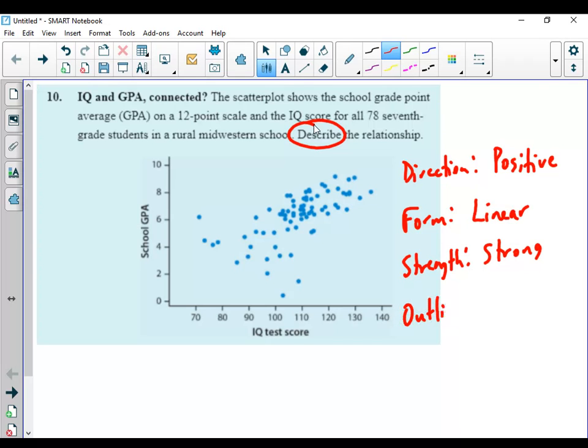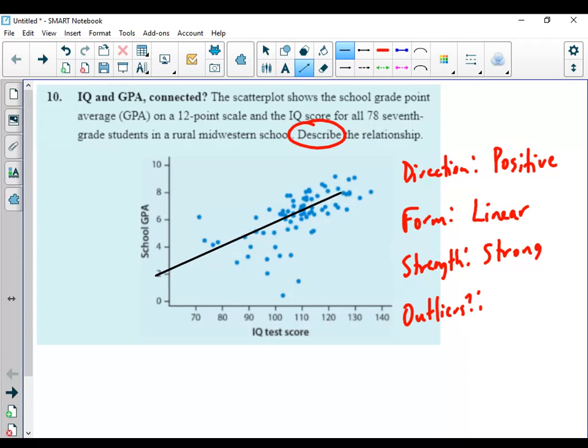And the last thing we're going to look at is anything that looks like an outlier. We've got a couple points that kind of seem a little bit low, maybe a little bit high. But if I really draw a line through there, I don't know that anything is totally way off.